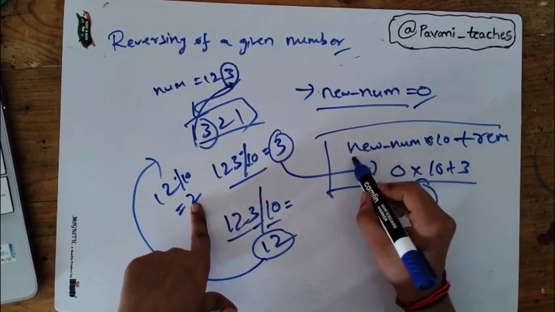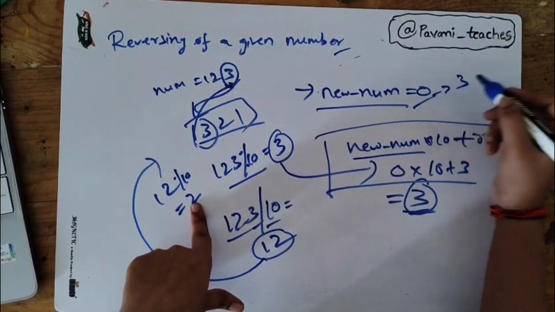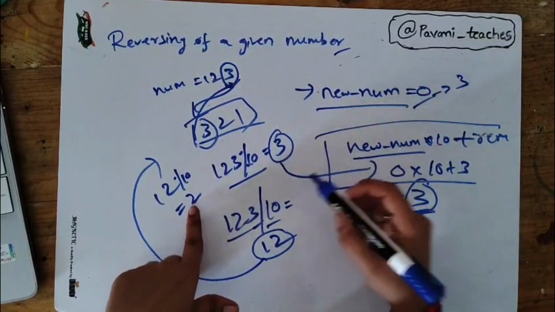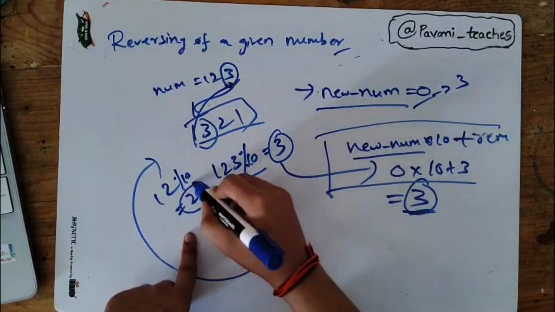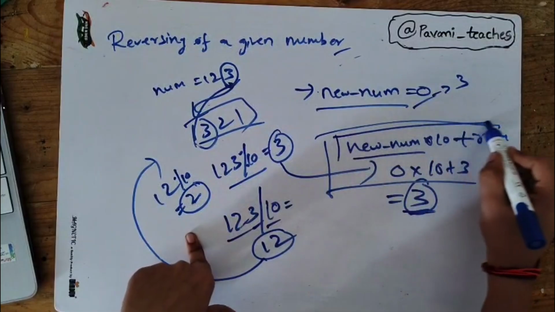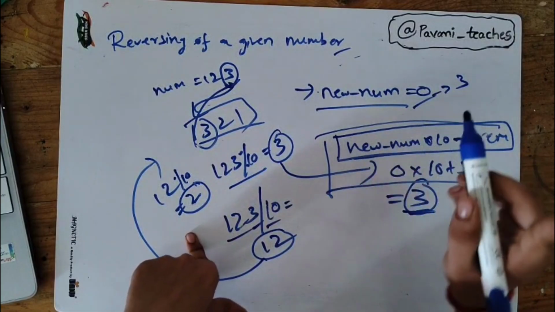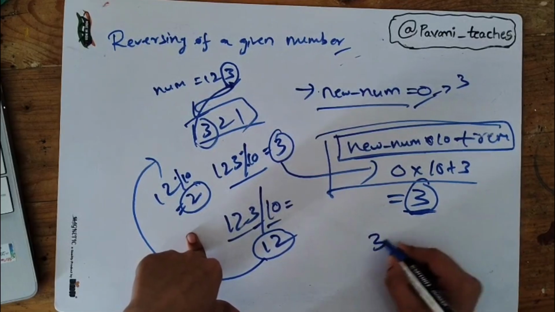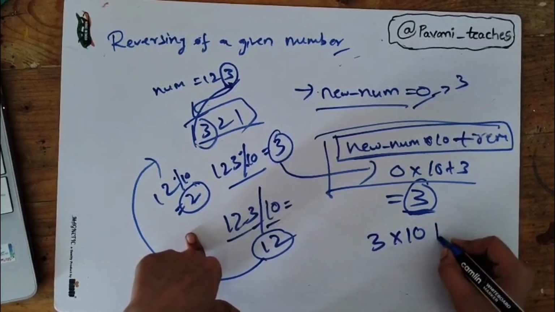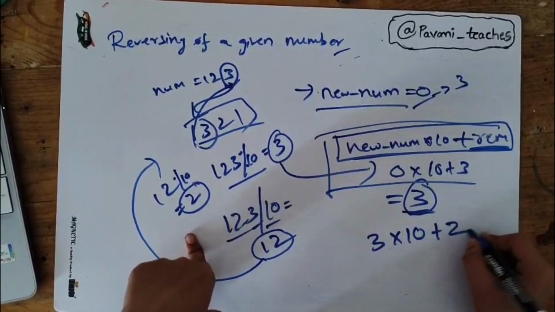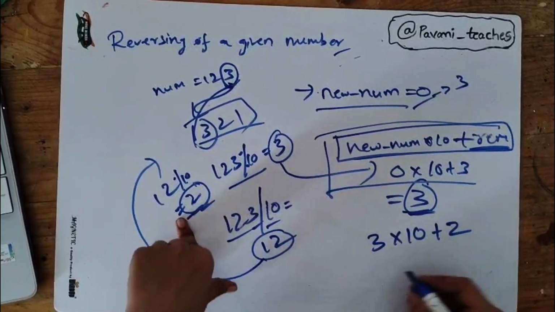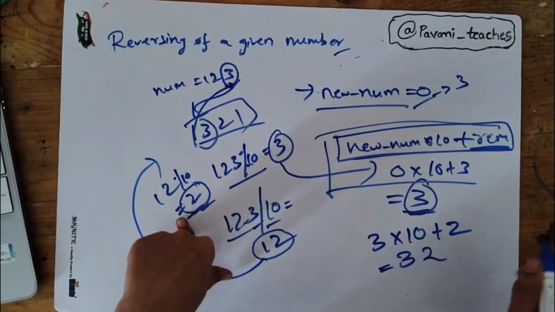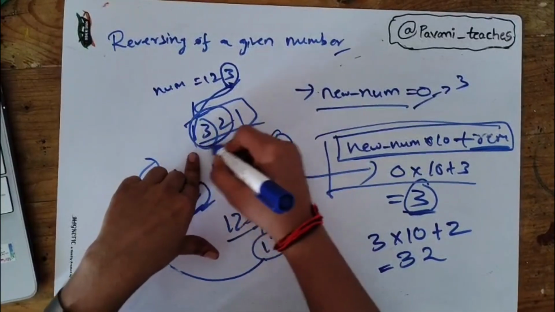The new number was 3 before this iteration, so 3 into 10 plus remainder 2 will be equal to 32. Now we got the last two digits.